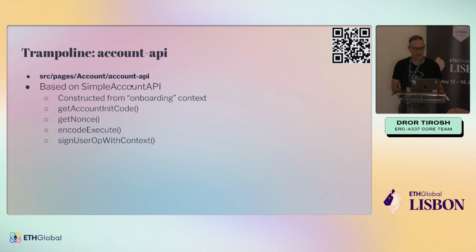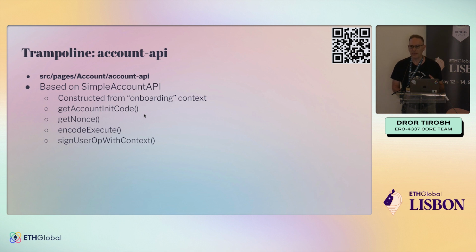First of all, I have an account API. What is an account API? This is a wrapper you have to implement if you create a contract. When we created a simple account, we created a simple account API, which gives a JavaScript function for the account to be able to work with it. The first function is get init code.